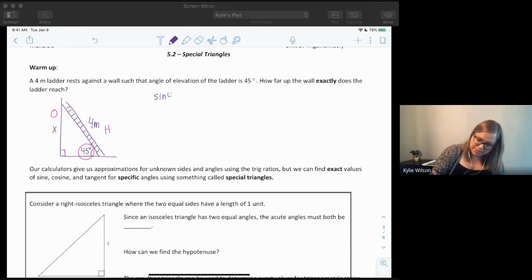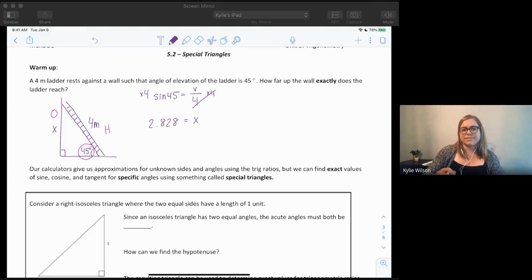So we'll have sine 45 equals opposite over hypotenuse, and our hypotenuse is 4. So now I'm just going to multiply both sides by 4. I will get 2.828. There we go. Any questions so far? Hopefully that one is pretty straightforward.